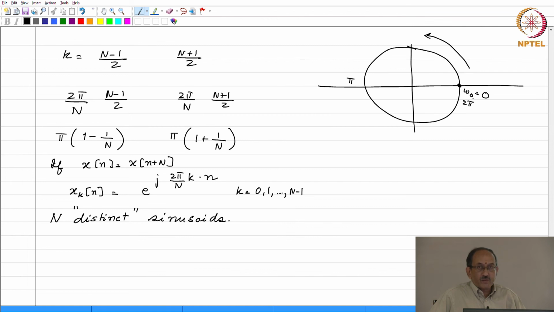So, as omega naught varies continuously from 0 to 2 pi, you produce uncountably infinite different sinusoids. In this range, among these uncountably infinite number of sinusoids, there is one finite set of sinusoids, namely e to the j 2 pi k by cap N times little n. Among this uncountably infinite set of sinusoids, this set of sinusoids is the only one that is periodic with period cap N, all right.